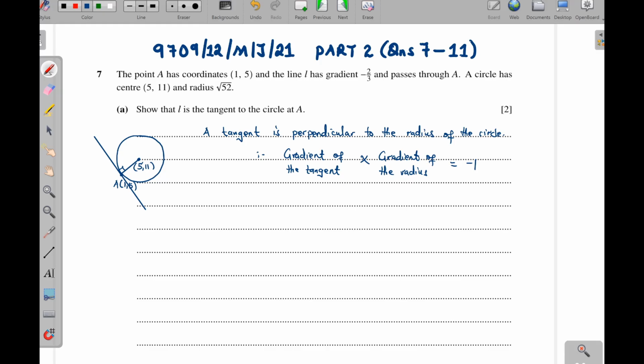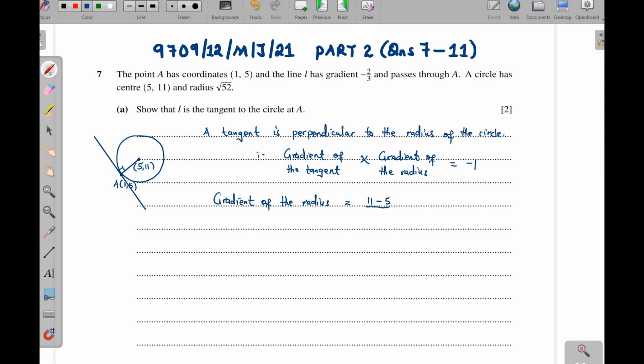So let's begin by finding the gradient of the radius. We are using these 2 points. So changing y, that will be 11 minus 5, the 11 here minus the 5 here, I'm not saying this 11 minus this 5, okay?